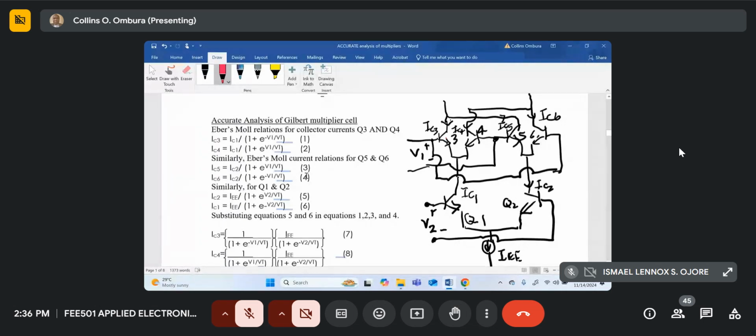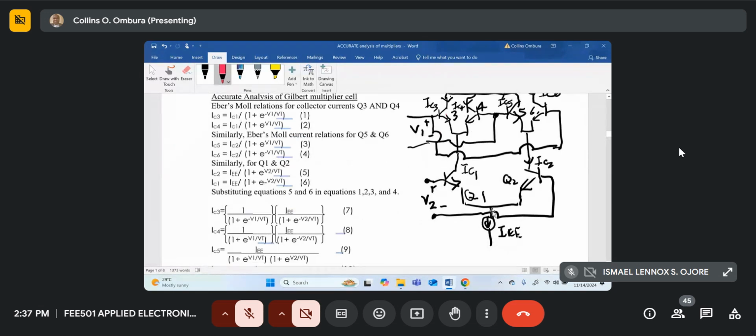Then we repeat the same for the transistors Q1 and Q2 at the bottom over here. So for the transistor Q1, we can write IC1 is equal to, now the emitter current is IEE. For the first transistor, the exponent is negative.